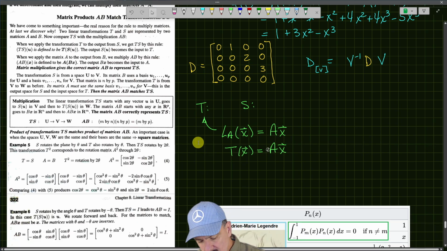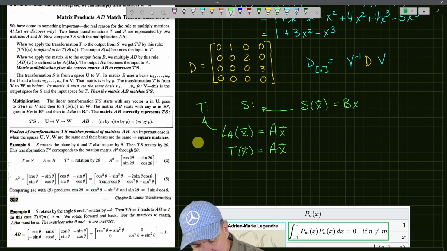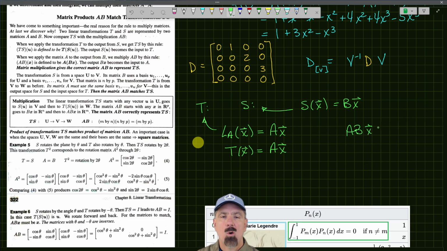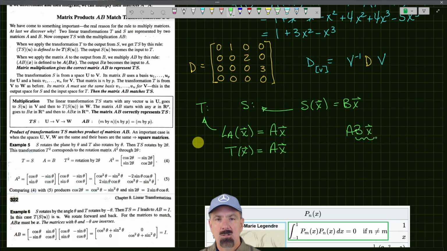So all he's saying is that when we have this linear transformation, S applied to X is B times X. When we take a look at A, B, X, and we think about what this matrix product is from the perspective of linear transformations, this is the S transformation.